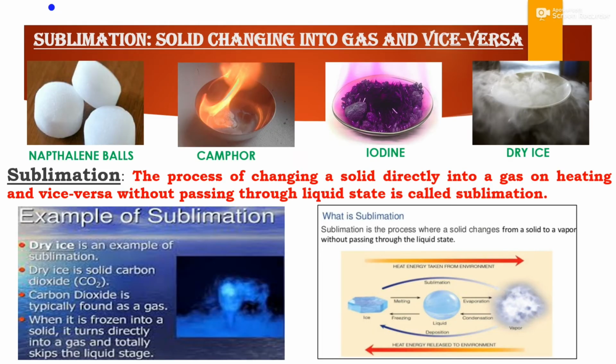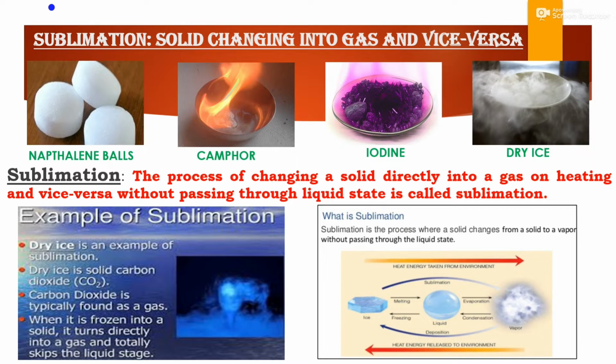Then sublimation. Sublimation is a special process in which solid changes into gas and gas changes into solid. Usually when we heat, solid melts and gives liquid, and liquid vaporizes and gives vapor. And when we cool, gases change into liquid form and liquid changes into solid form.